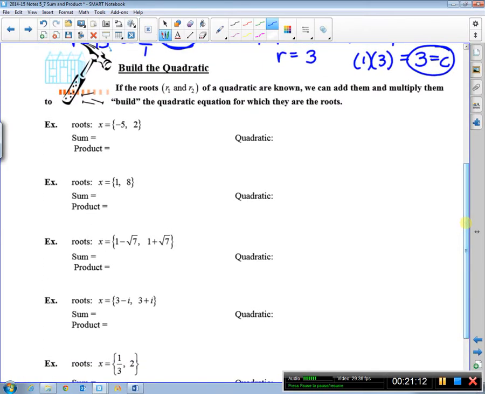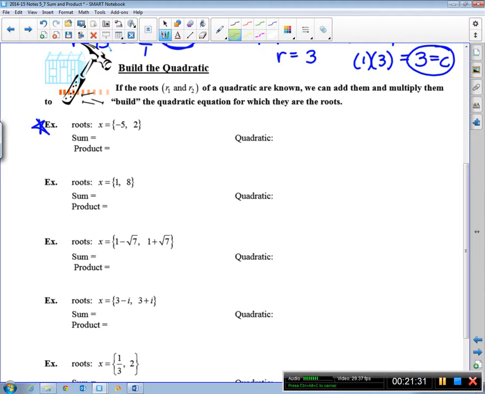Here we're going to build the quadratic. I don't know the quadratic equations that these go with, but we're going to figure them out. So in this case, both roots are given. You can see that in the first example. Both roots are given. We're going to figure out the quadratic.